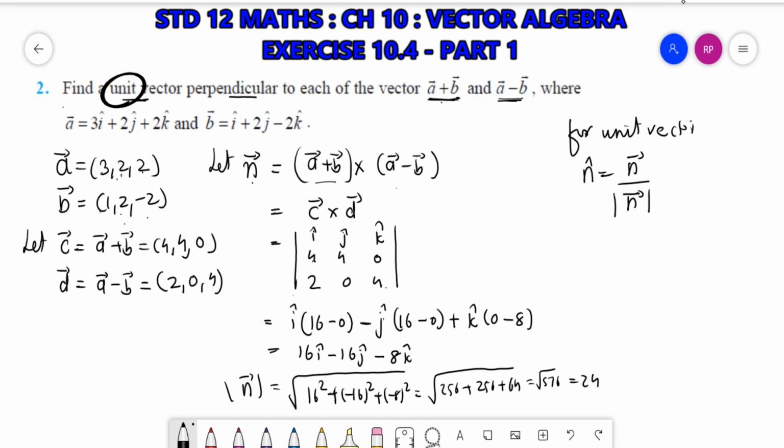Clear? So the unit vector will be 16I minus 16J minus 8K upon 24.